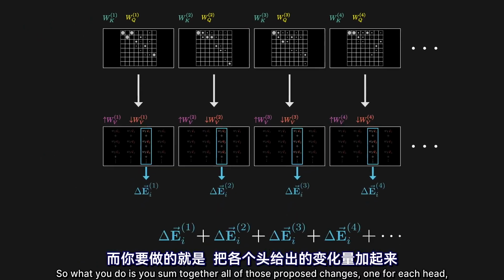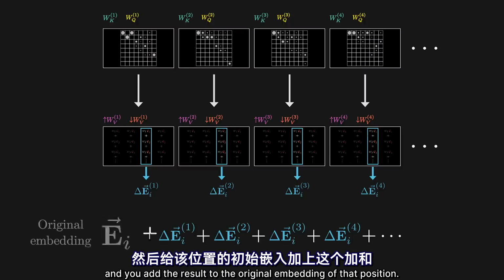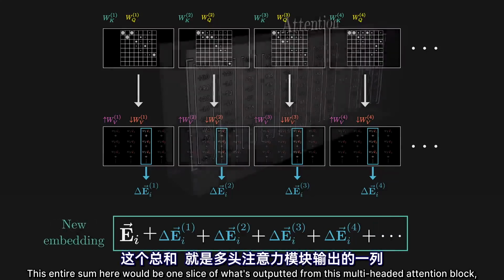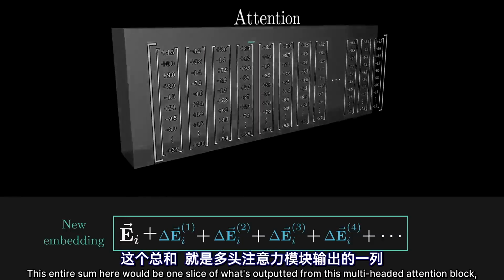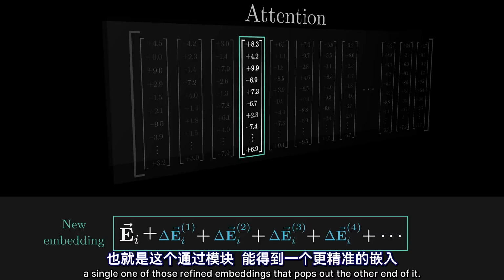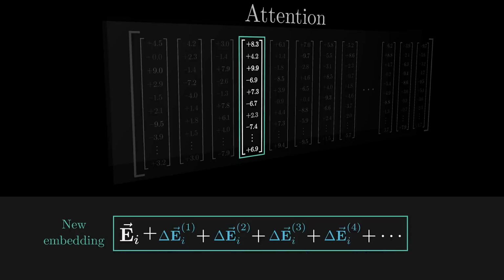So what you do is you sum together all of those proposed changes, one for each head, and you add the result to the original embedding of that position. This entire sum here would be one slice of what's outputted from this multi-headed attention block, a single one of those refined embeddings that pops out the other end of it.